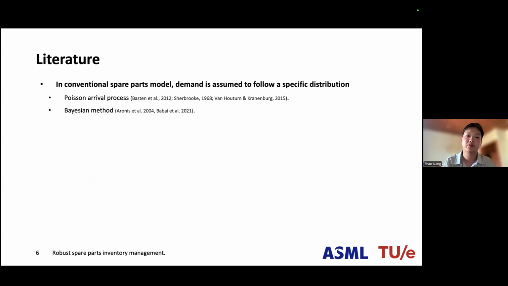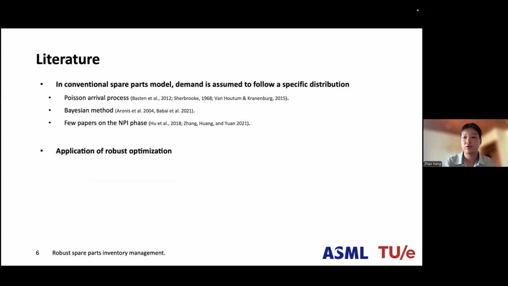Some people also use Bayesian methods. However, this approach is very sensitive to the selection of the prior distribution, especially when we have very limited demand data. At the same time, only a few papers really focus on the new product introduction phase. Therefore, that's the reason we want to introduce robust optimization in spare parts inventory at NPI.